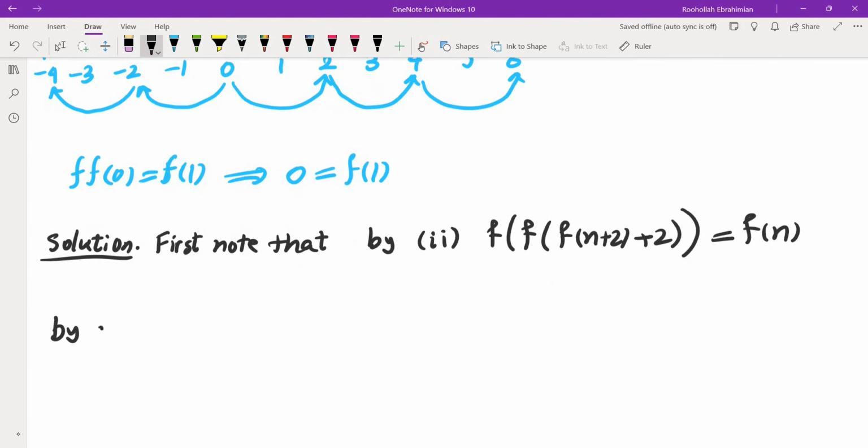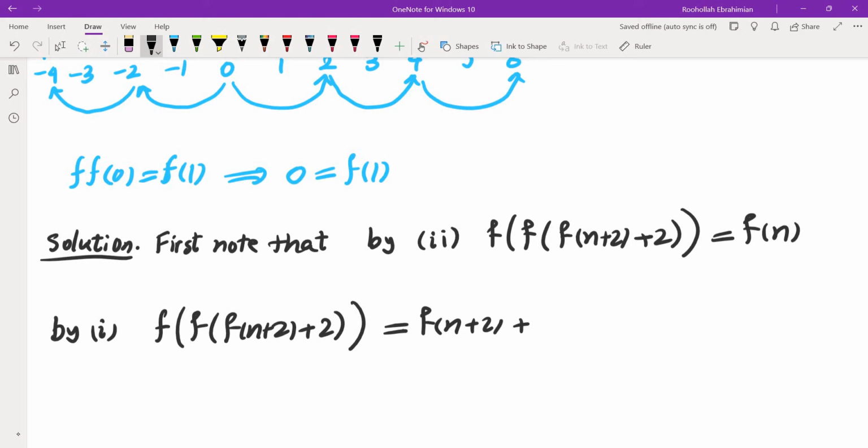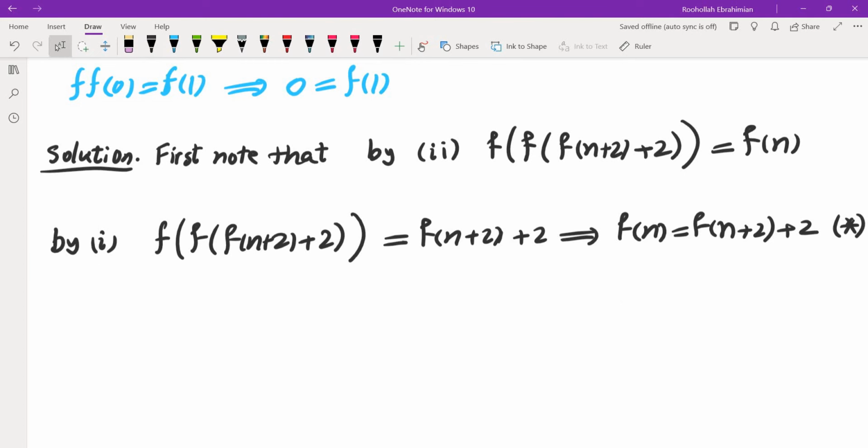Now by 1, f of n plus 2 is equal to, you can take out the two f's. The two f's basically cancel each other. So that becomes f of n plus 2. So that means f of n is equal to f of n plus 2. I'm going to call that star, and I'm going to refer to that in the next steps.